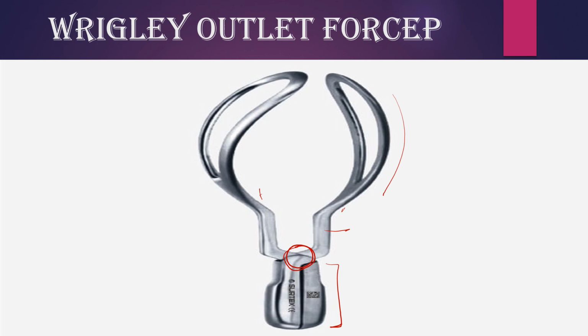We always check whether it is properly locked or not. First we insert one side of the forceps, then we insert the second one and lock it, and here we will try to pull the baby out by holding the baby's head inside this cavity.